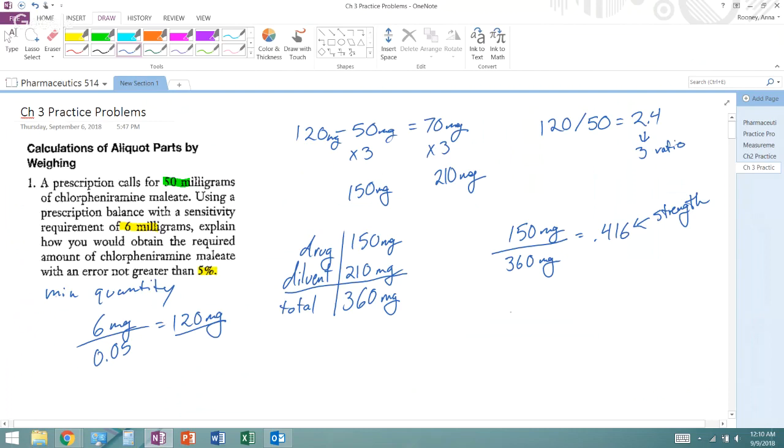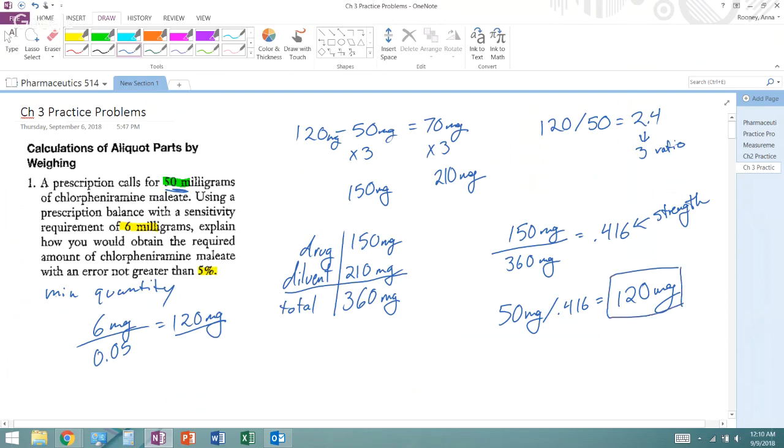Okay. And then you take the amount which you originally were going to need, and you divide it by the percent strength, and that will find out how big your aliquot is, which is 120 milligrams. Yep. So that's how much we need to weigh out.